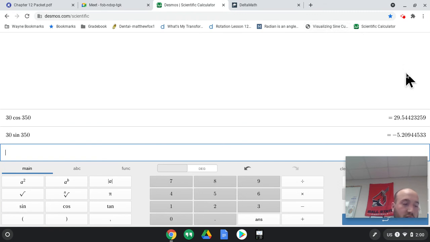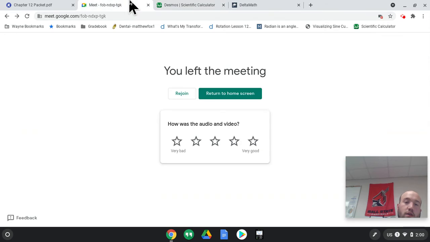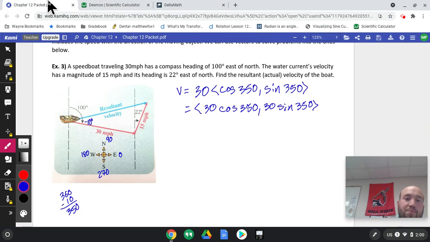And so we're going to have 29.5442 and negative 5.209. Okay, that's for our first vector.